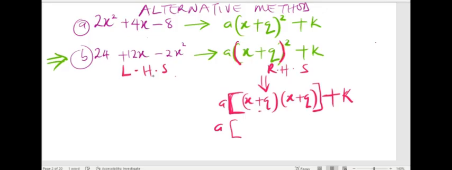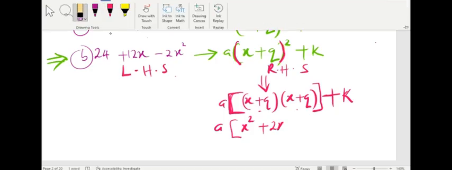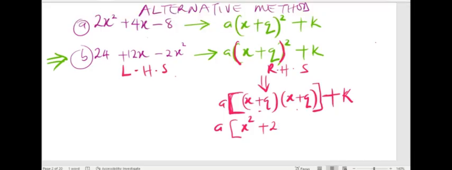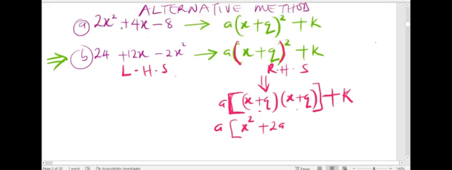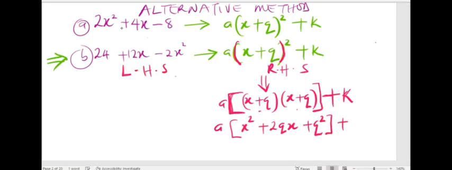We multiply this by distributive multiplication. x times x gives us x squared, plus 2qx, plus q squared, close the bracket, plus k.